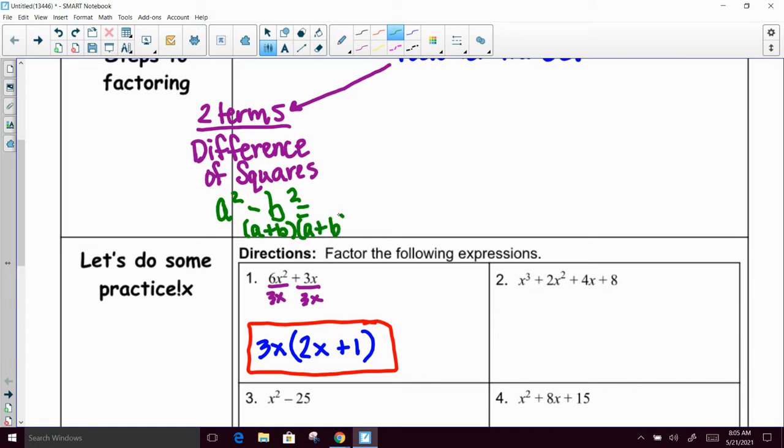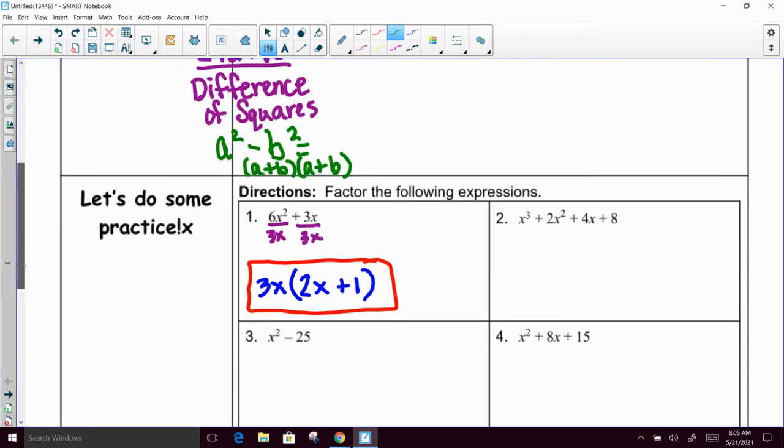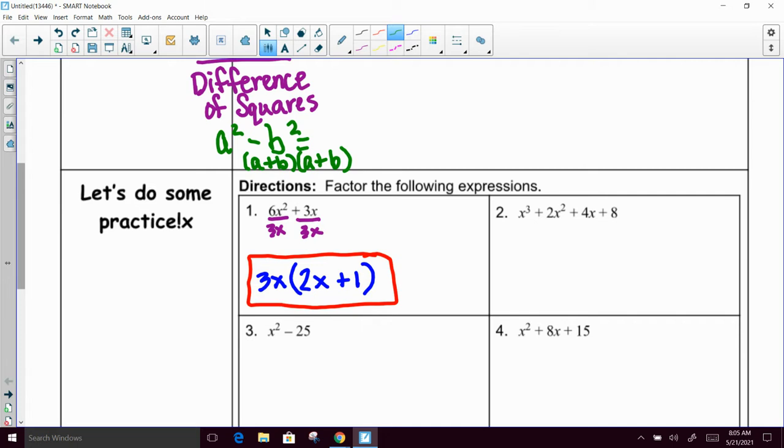So what do we square to get x squared? That's x. And what do we square to get 25? That's 5. So my factors are x plus 5 and x minus 5. Again, both have degrees of 1, so I know I can't go any further.